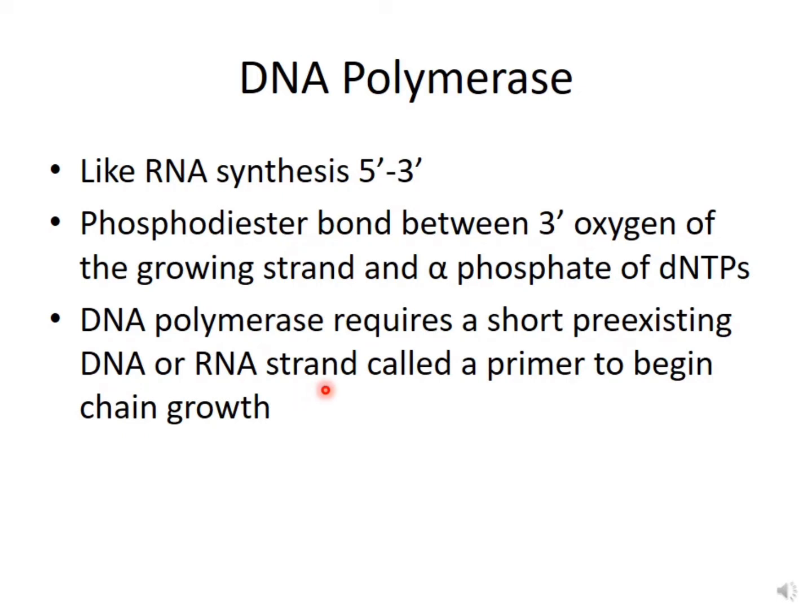It cannot start from scratch with no pre-existing DNA or RNA strand. These short DNA or RNA strands to which DNA polymerase binds are called primers, and they are very important to begin chain growth in DNA replication.